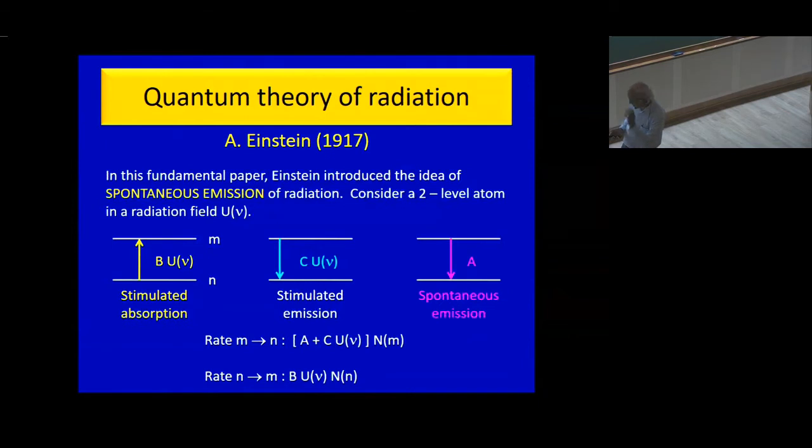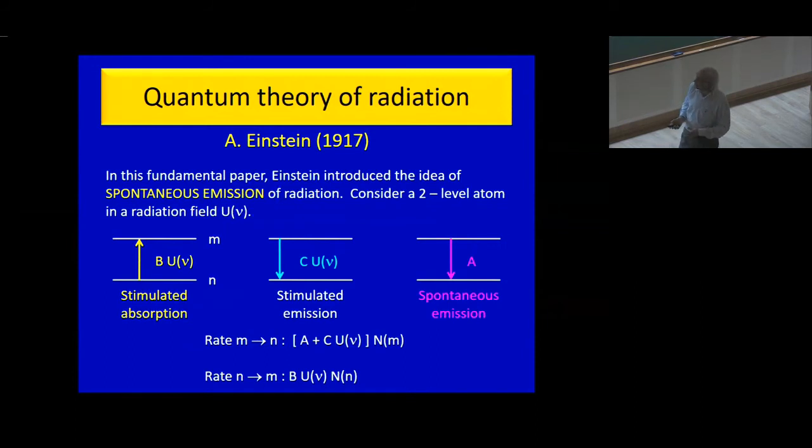But long before that, Einstein asserted that there must be such a thing as spontaneous emission, whose rate is A, and therefore that rate depends on A. It does not depend upon the radiation field because it is spontaneous, but of course it depends on the number of atoms in this upper level M. Now Einstein argued that in thermodynamic equilibrium, the rate of going from the lower level to the upper level must be precisely equal to the rate of coming from the upper level to the lower level.